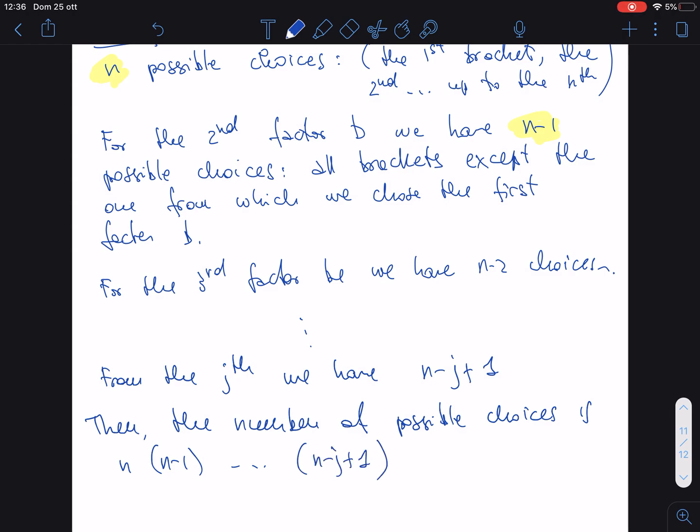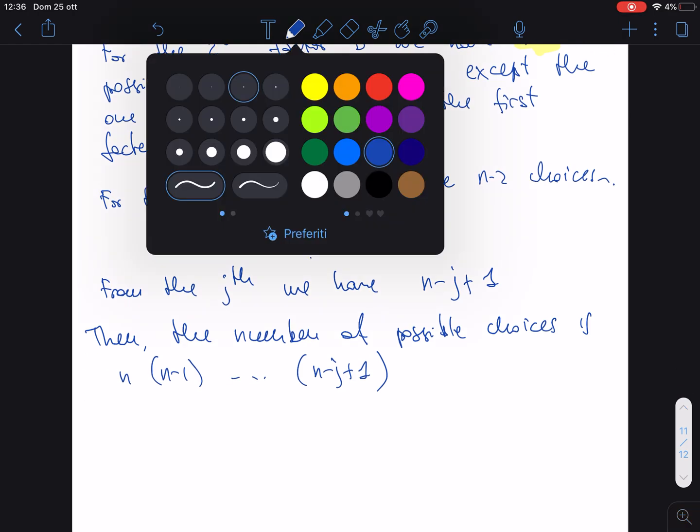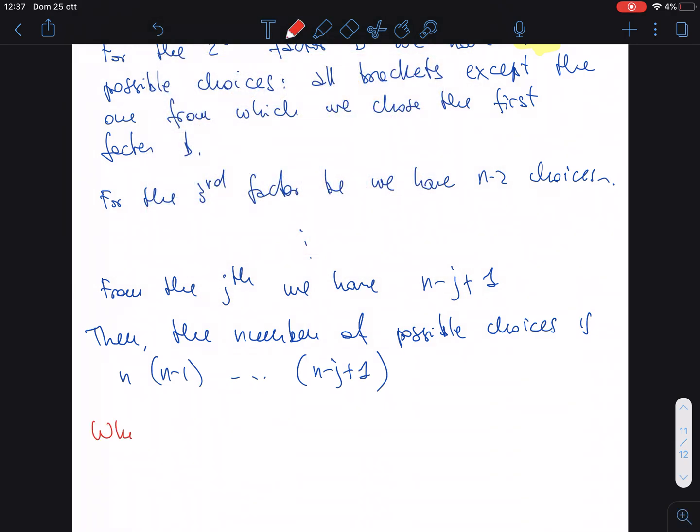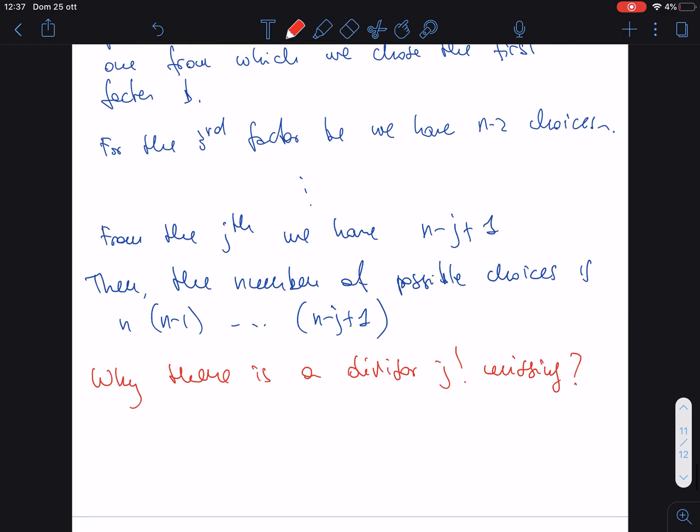But this is not the binomial coefficient. There is a j factorial missing. Okay? So now the question is why there is a divisor j factorial missing. And this is because every choice of the boxes is now counted many ways.